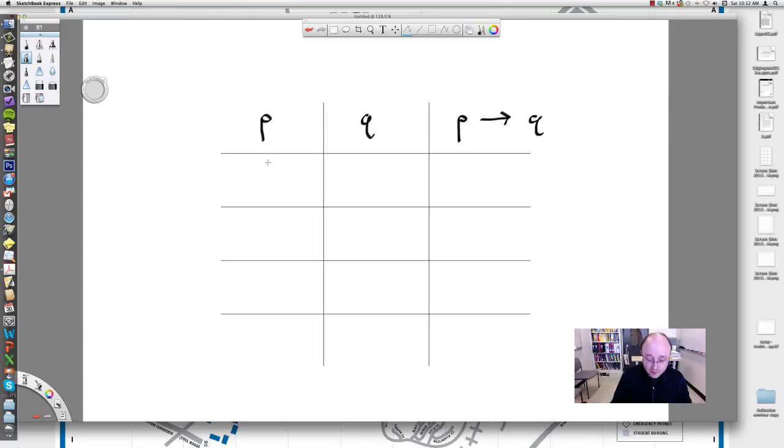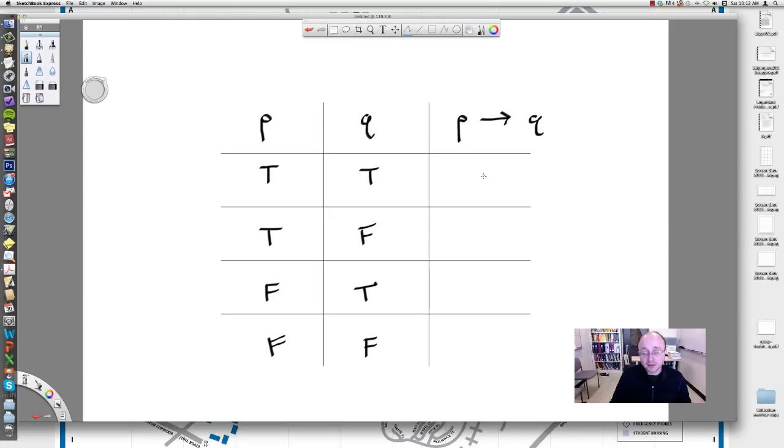Let's enumerate them quickly. So we have four possibilities. P is true, Q is true. P is true, Q is false. Converse possibility, P is false, Q is true. Finally, they are both false.